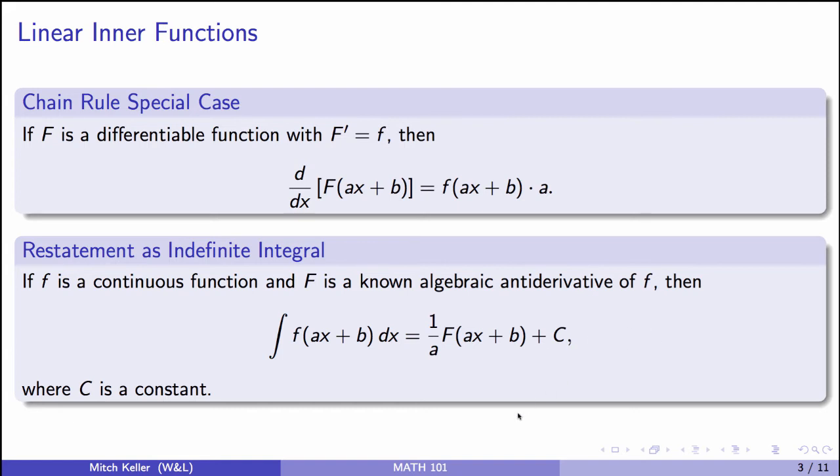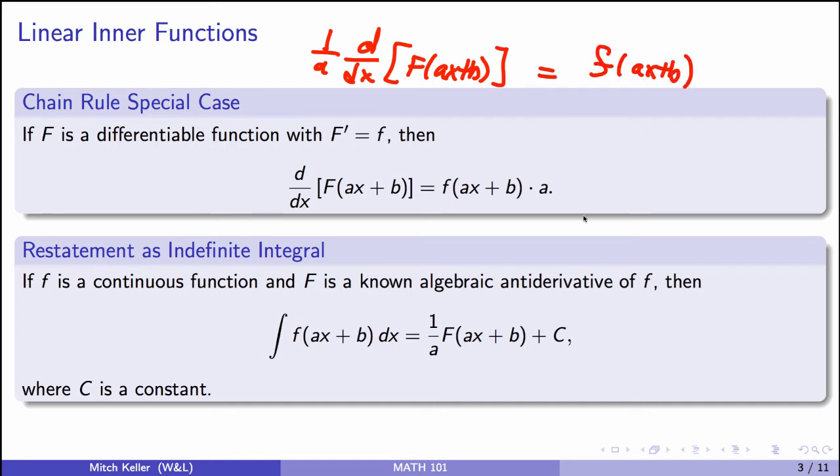That comes about by just rearranging this statement that we have up here, dividing off the a. So we're looking at 1 over a d dx of big F of ax plus b equals little f of ax plus b.